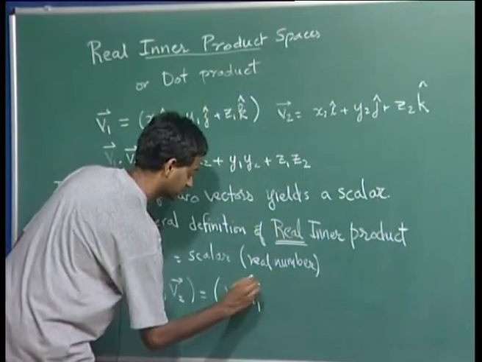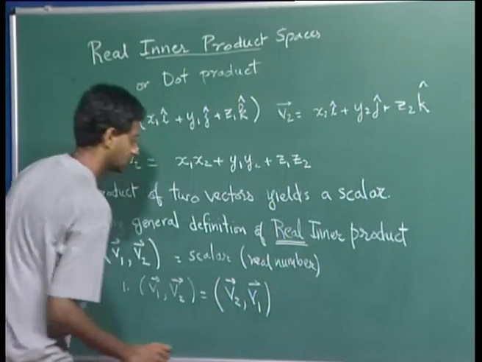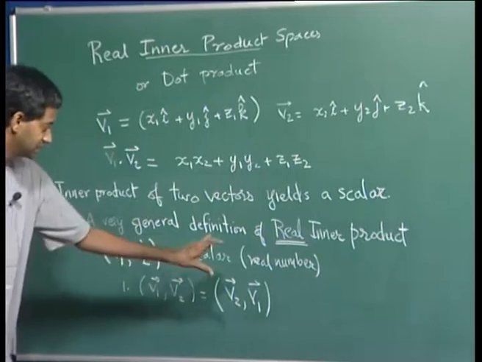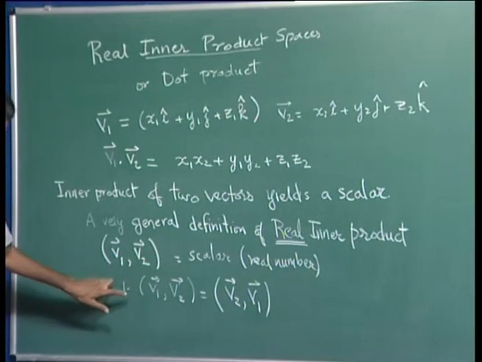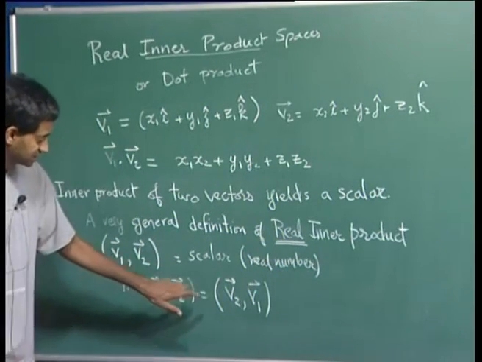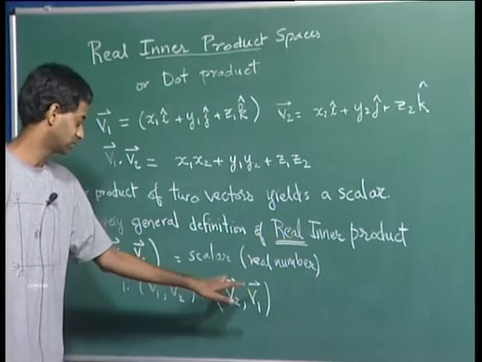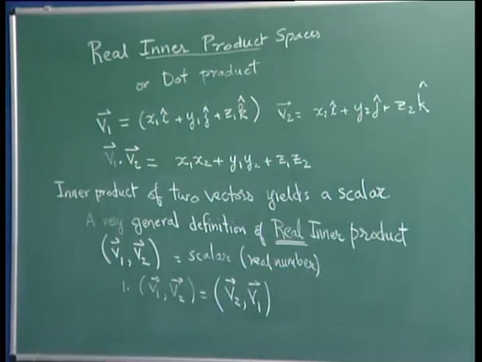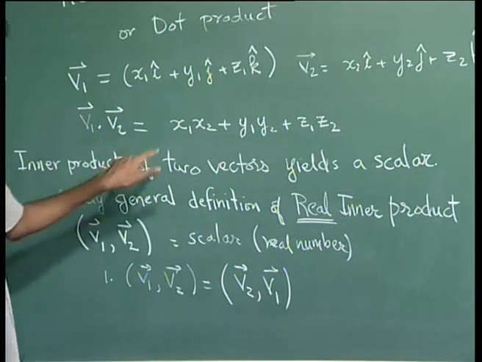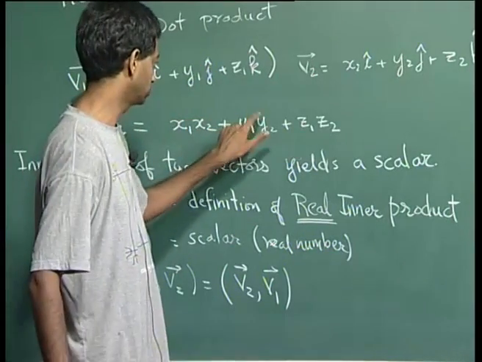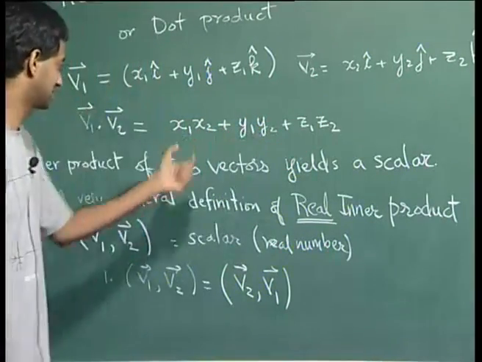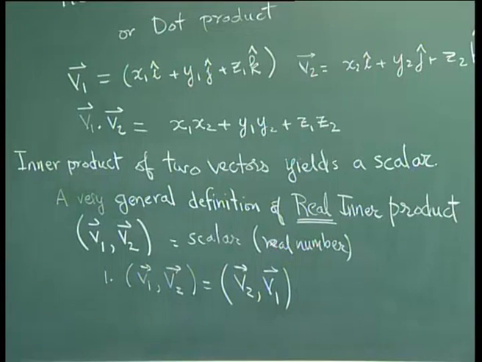So, the inner product of any two vectors is equal to the inner product of the same two vectors taken in the opposite order. So, for example, in this case you can clearly see that if I take v2 dot v1, then I will get x2 x1 plus y2 y1 plus z2 z1, which is the same as x1 x2 plus y1 y2 plus z1 z2.